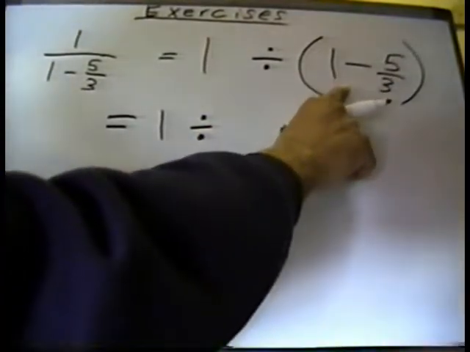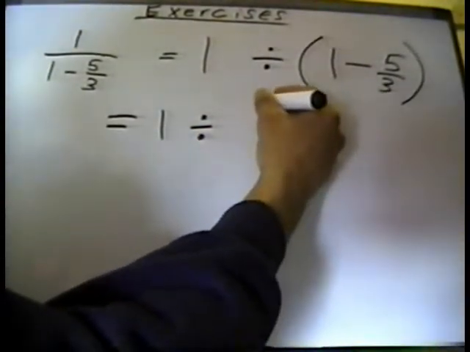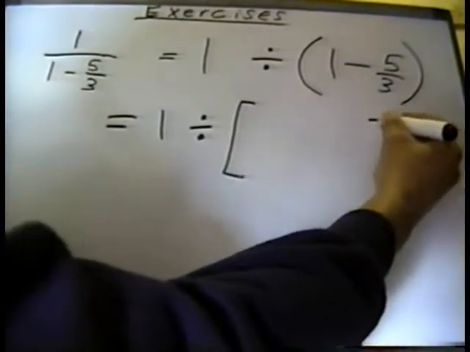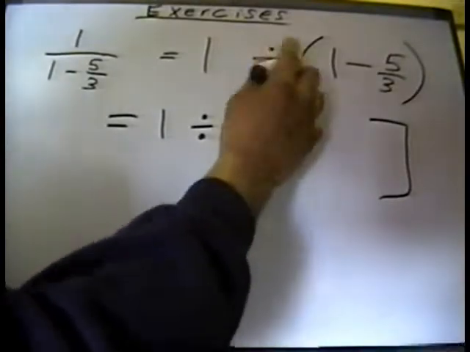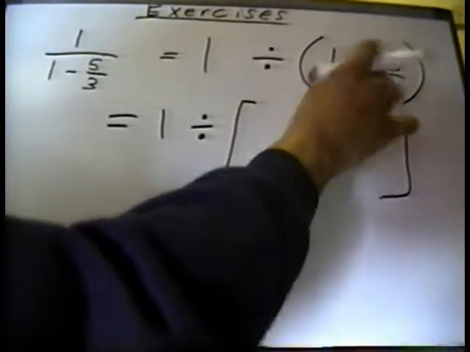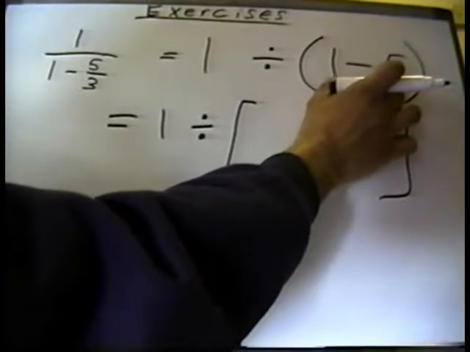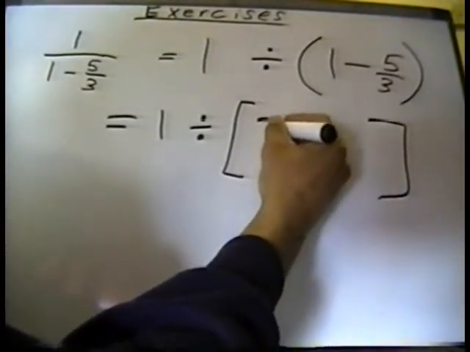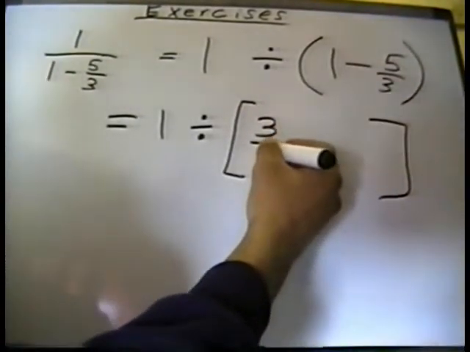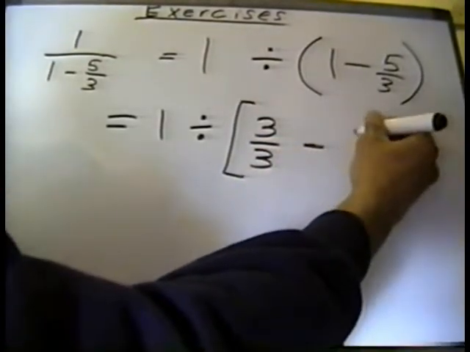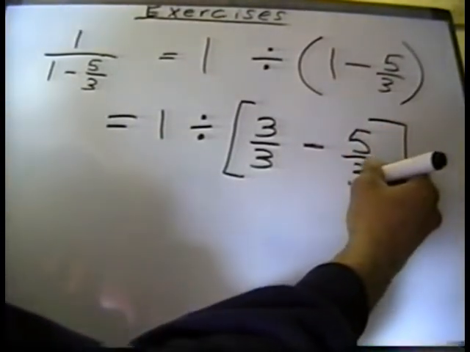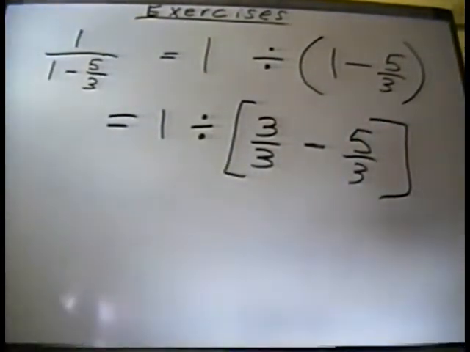So get 1 divided by 3 over 3. And remember, you keep this entire grouping either in the parentheses or brackets. It has the same function to notify that you're dividing by this entire expression. We get 3 over 3 minus 5 over 3. 3/3 minus 5/3.